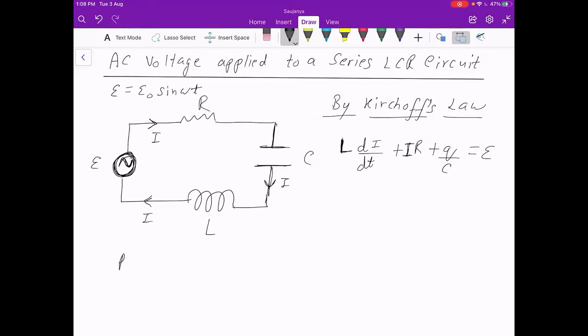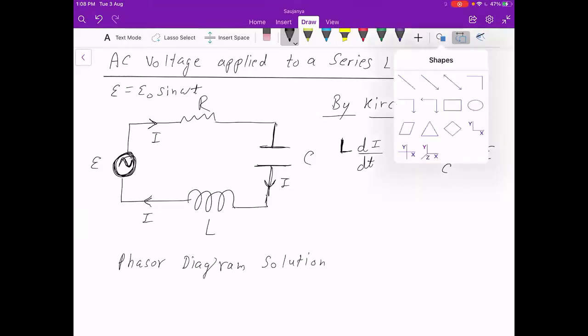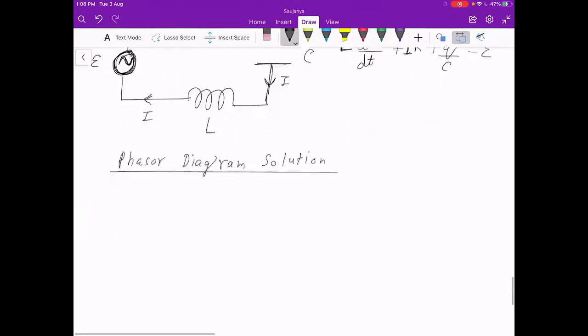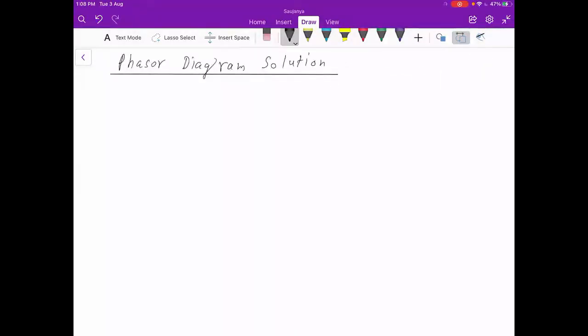We'll talk about the phasor diagram solution of this circuit. For that, we'll assume hypothetically that current is of the form of some maximum current I naught sine omega t plus phi.